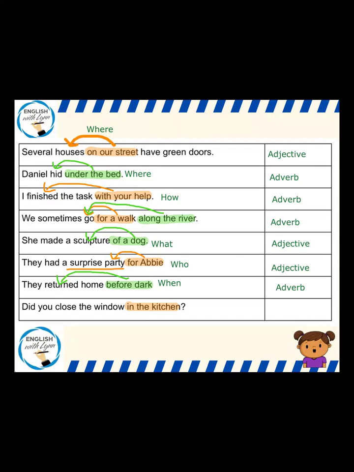I actually think it's telling me about where the window is. So this part here, it's linking to the window. Therefore, window is my noun. So this one must be an adjective because it is telling me more about the window rather than actually closing it.